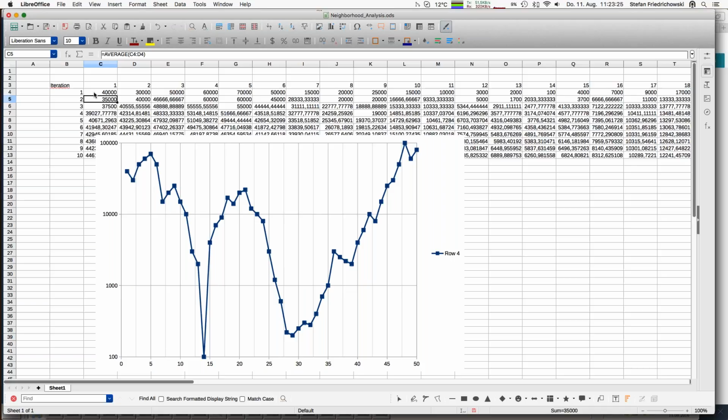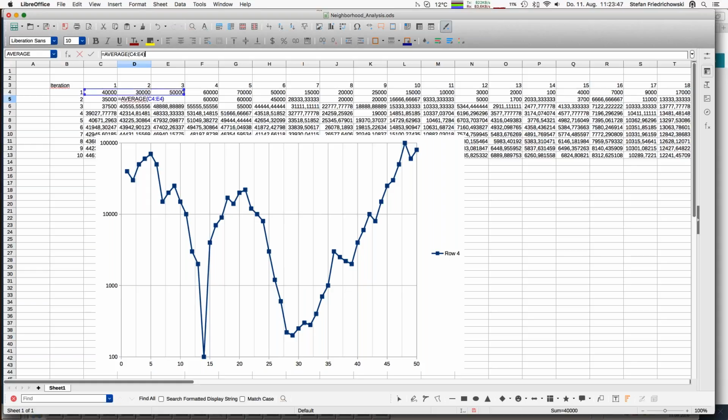In a second iteration step, or maybe I should label them 0, 1, and so on, I simply take the average of those two numbers, so adjacent values.